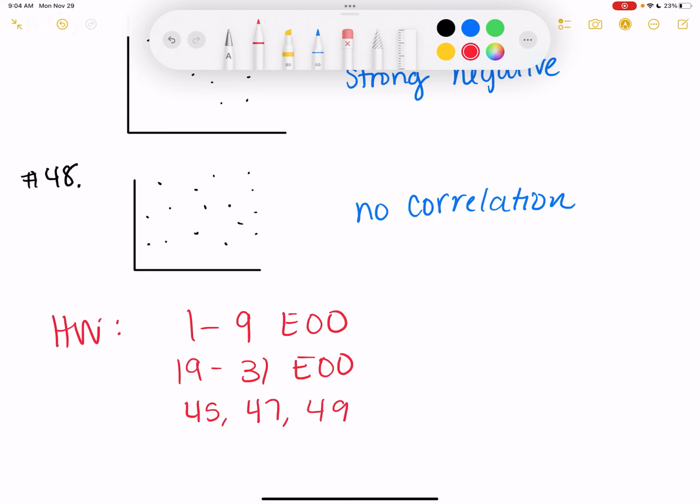So this should be 1, skip 3, 5, skip 7, 9. And then you do that for the other one too. Actually, you're not going to do 49. We don't have time to go over that.